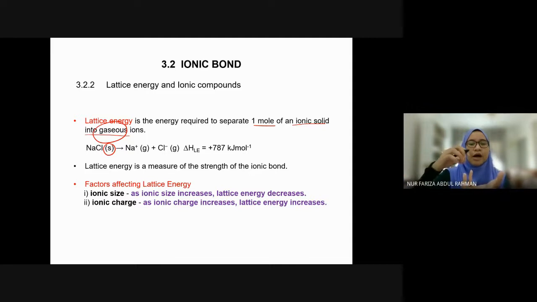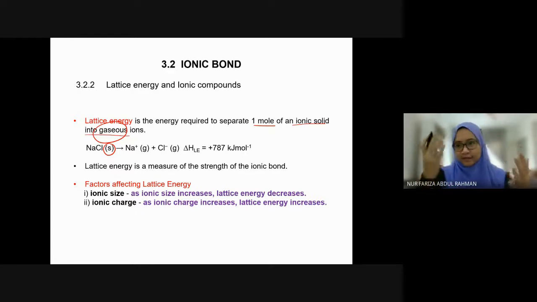So how much energy is needed to remove the ions that form the solid? That is what we call lattice energy. Lattice is only available for solid. So macam rumah kita, something that is solid, dia ada lattice. Lattice means kekisi tau. Kekisi.